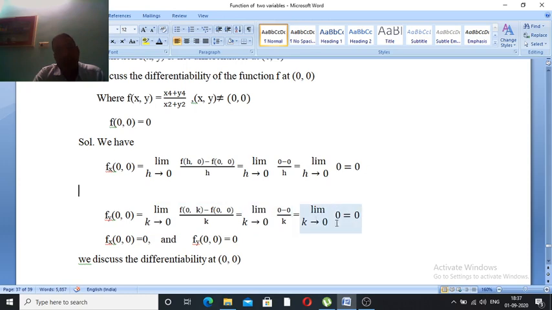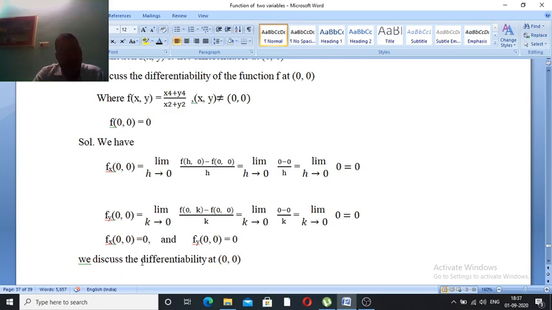Therefore, limit k tends to 0 of 0 is equal to 0 directly, because 0 is constant with respect to the limit. So f_y at origin is 0. The first order partial derivatives at origin are both 0.